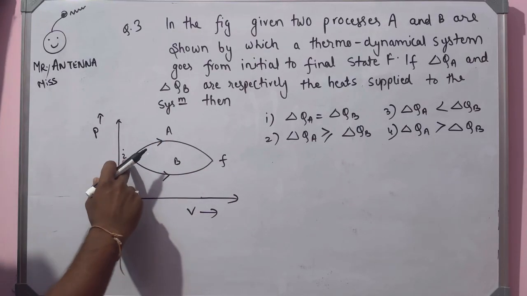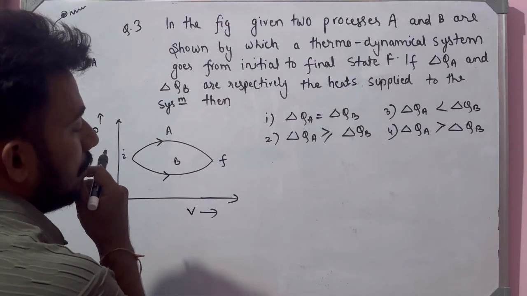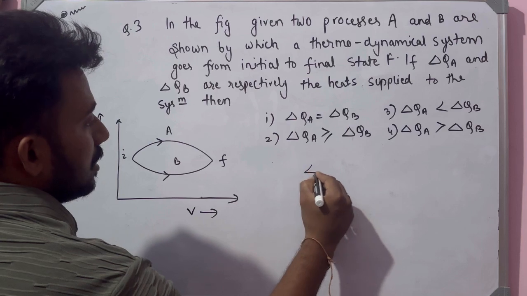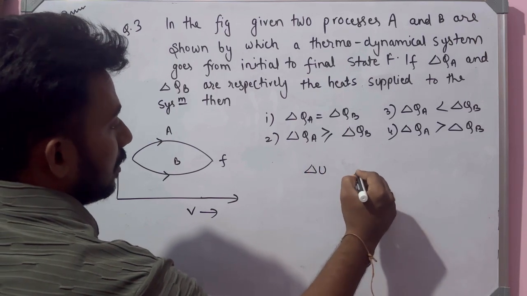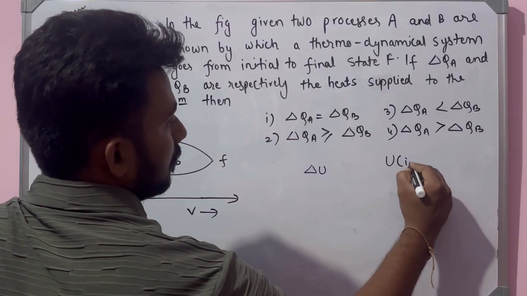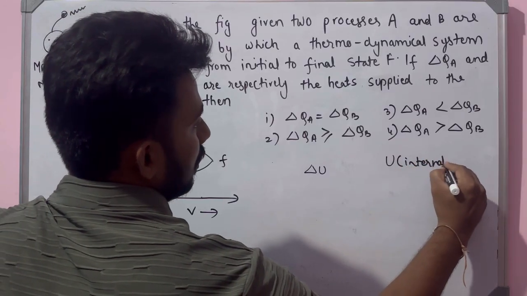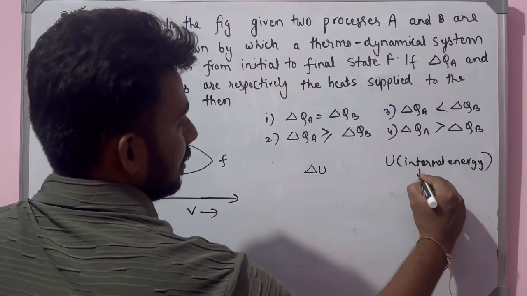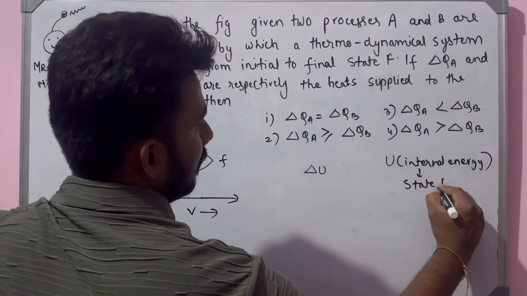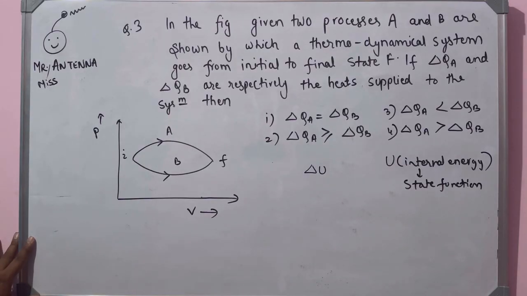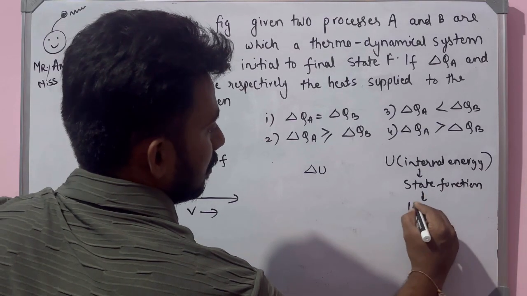Okay, if you see here, let's talk about first internal energy, change in internal energy. U is my internal energy. Internal energy is a state function, है ना. ये state function है, means it only depends upon initial and final point, right?